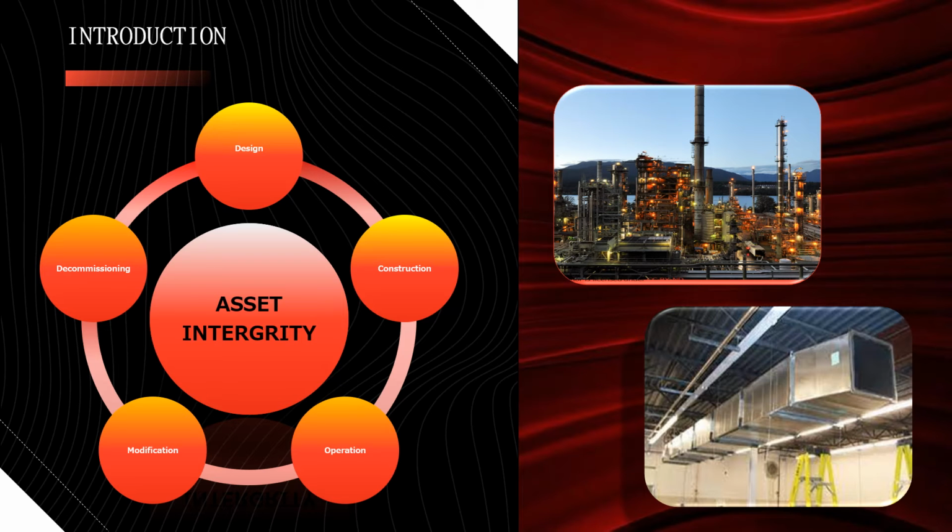Alright, first of all, I'm going to explain about the introduction. Asset integrity is a term used to describe the practice of managing an asset, such as a power plant, oil rig, refinery, etc., to ensure its ability to perform its function effectively and efficiently is maintained. The primary industry sector served by asset integrity is upstream oil and gas.